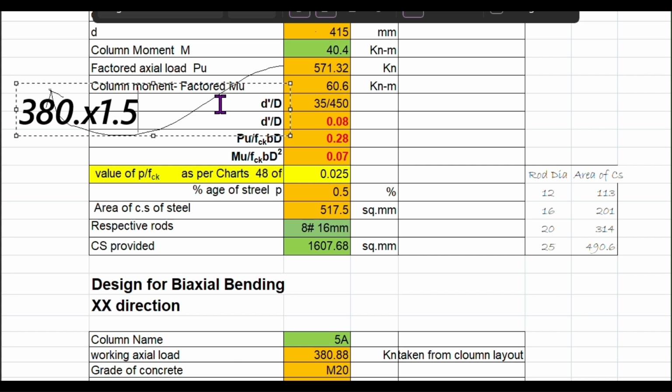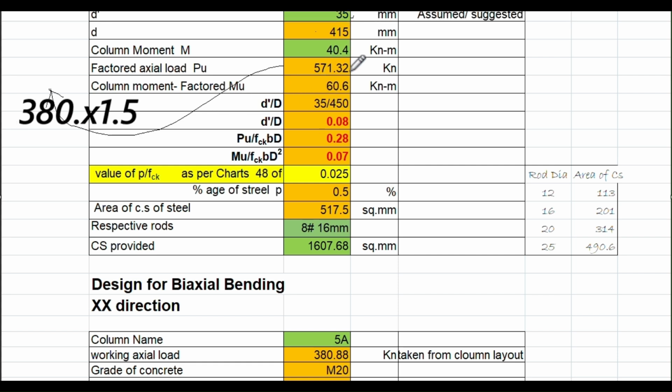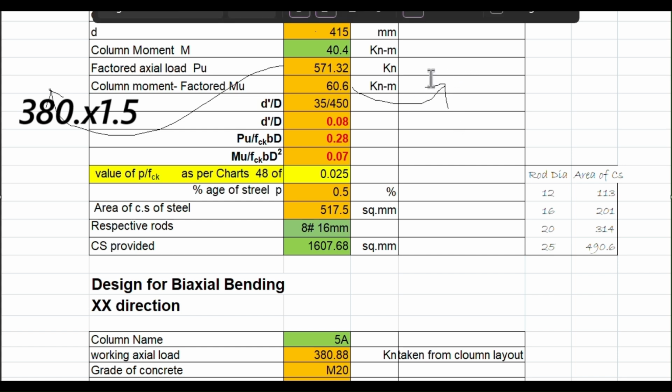Then column moment factored, this is nothing but the same thing. 40.4 is the moment, into 1.5 is this much.